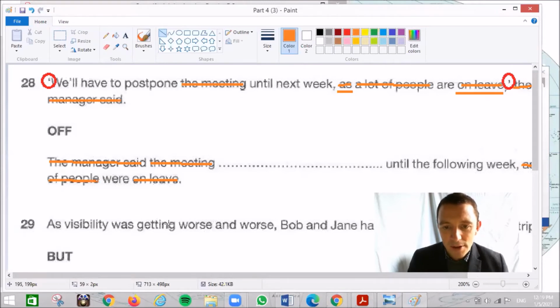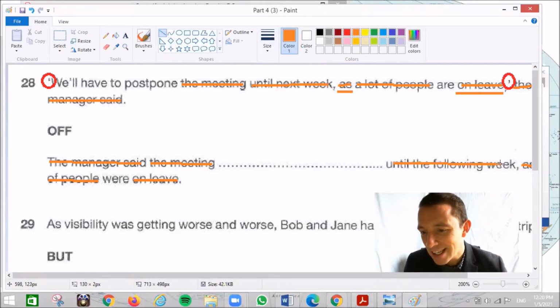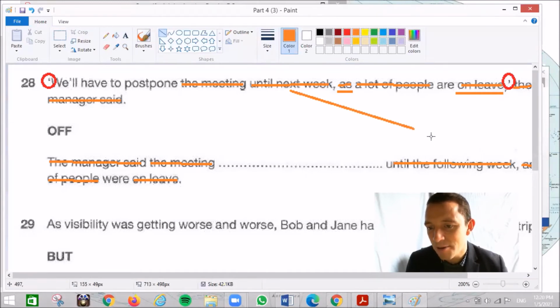Now we have some options remaining. Okay, so let's highlight in blue. We have until the next week, we can also eliminate because we have it in the first sentence and we have it in the second sentence. Okay, it's not exactly the same, but it's a very similar meaning. Next and following are practically the same in this.